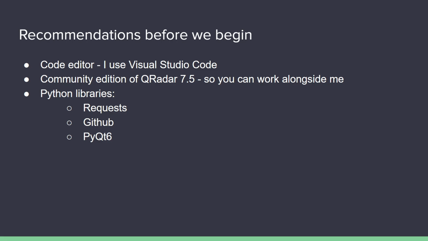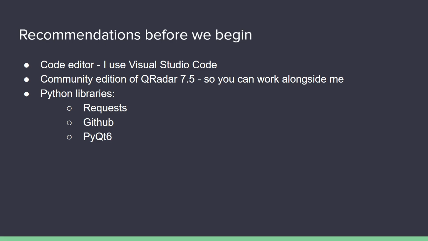I'm also going to link all of those resources in the course. And the reason is because I would hope that you work alongside me and try everything that I do while I do it. And you also need the Python libraries requests, GitHub, and PyQt6.